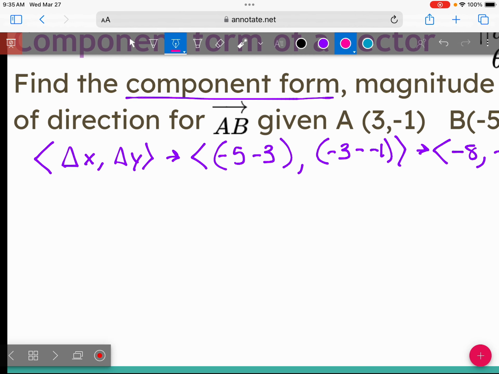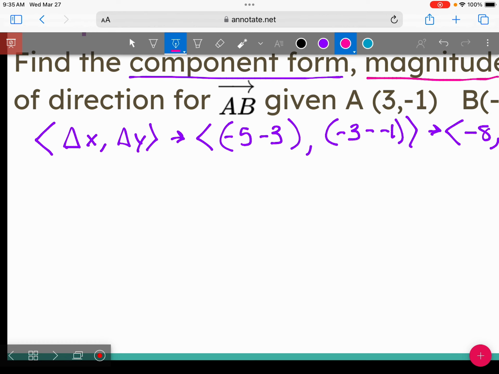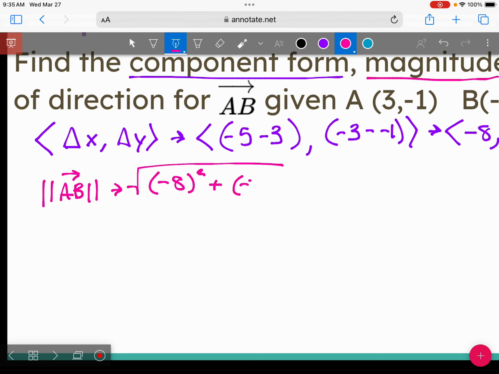To get our magnitude, that's when we're going to use our distance formula. So the magnitude of AB, we're going to do the square root, and we take our -8, our x, and square it, and add it to the -2 squared.